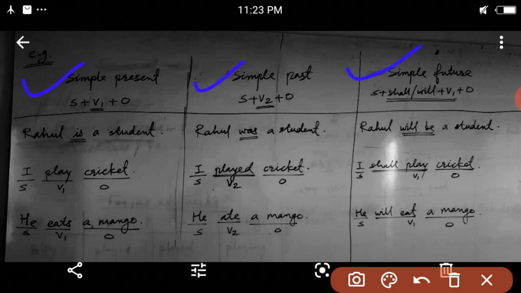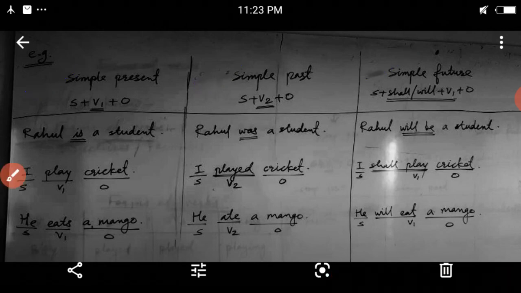Remember, only the verb changes as we change the tense, so the study of tenses is nothing but the study of forms of verbs. So learn all the forms of simple tenses, that is learn the structures or formulas of simple present tense, simple past tense and simple future tense.